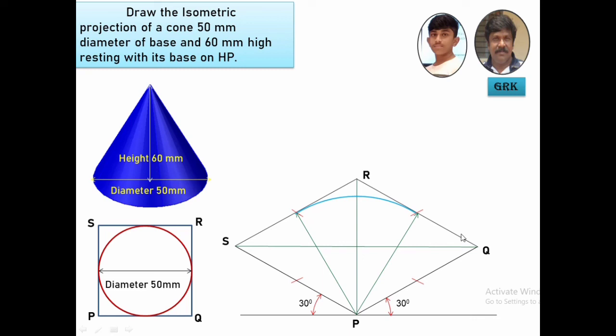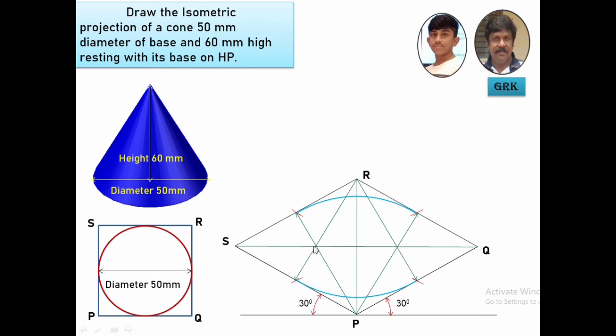Every time I am not naming all these things, I am just explaining the procedure of drawing it as it was done in the earlier cases. Now draw the other diagonal line which joins from the center R to the center of the opposite side. With this as the radius, you draw an arc.